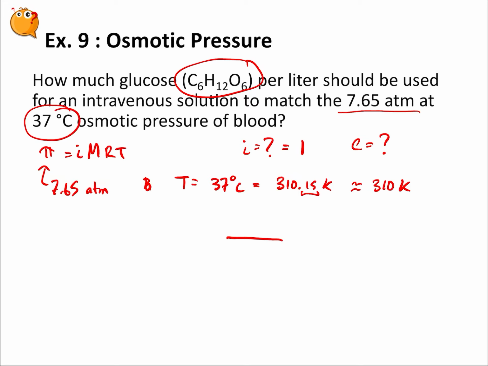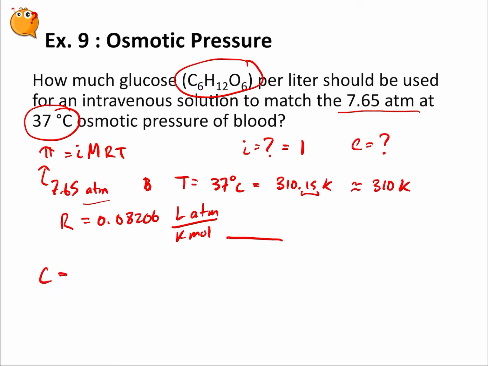And R, we want to use the units in atmospheres. So R equals 0.08206 liter atmospheres per K mole, because our osmotic pressure is given in atmospheres, so we need to use this one. Then we just need to calculate our concentration, or our molarity, here.